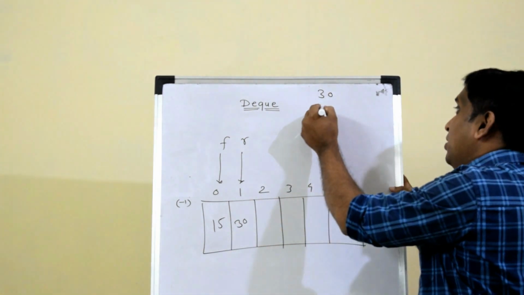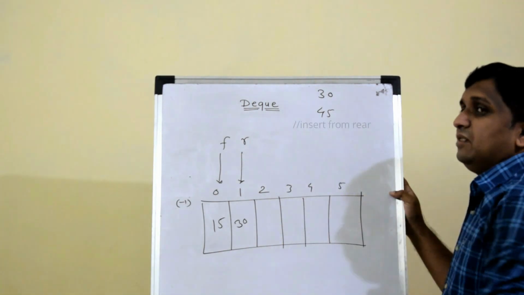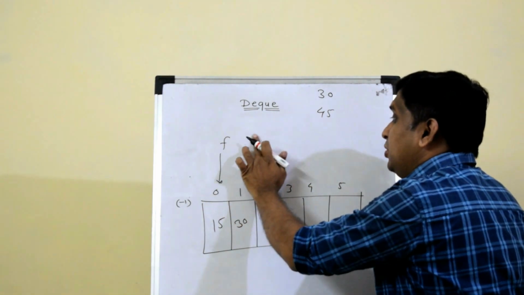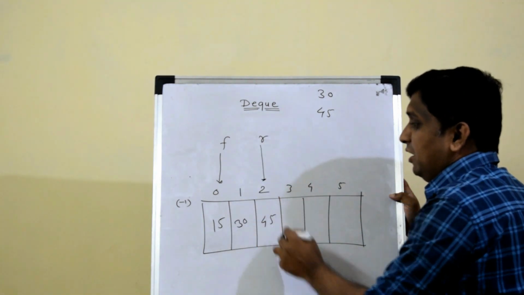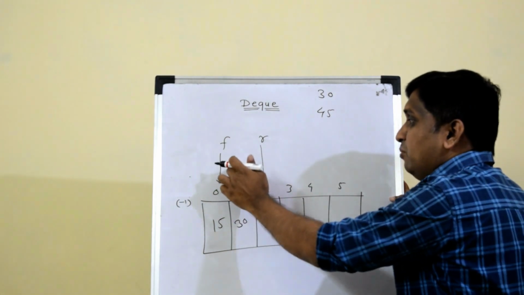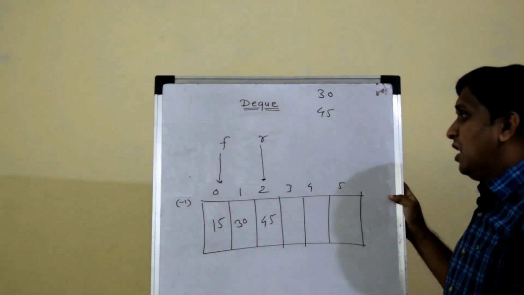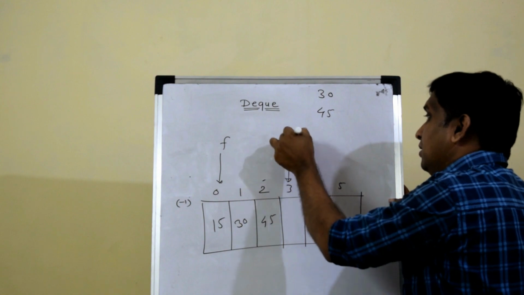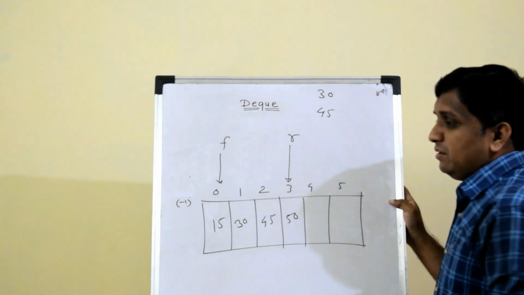If I again perform the insert operation from rear end, say 45 is the element which I want to insert from the rear end, then first rear will come to the second index and element will get stored here. So anytime the rear pointer is pointing to the last element, front pointer is pointing to the first element. After that, if I insert one more element from the rear end, then R will be here and element is say 50.